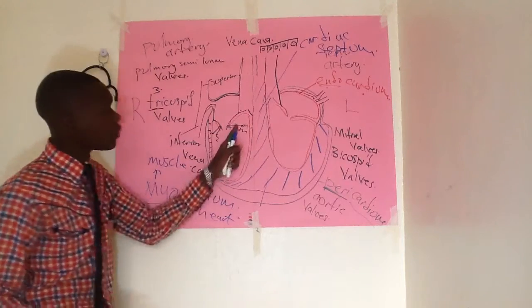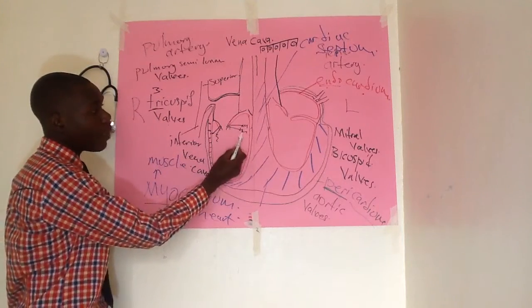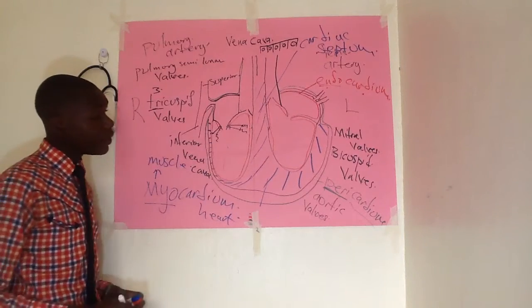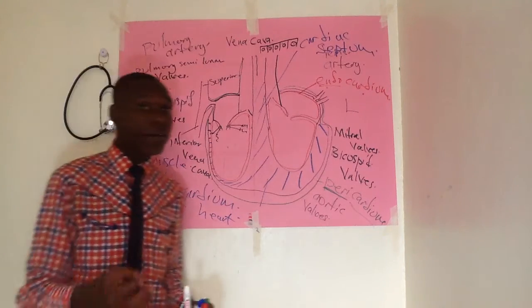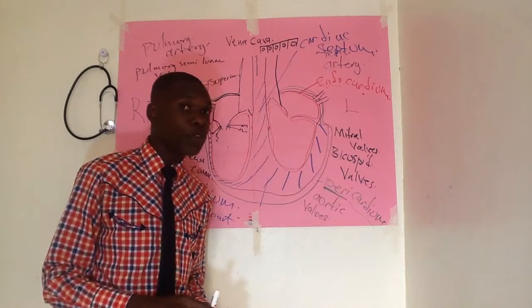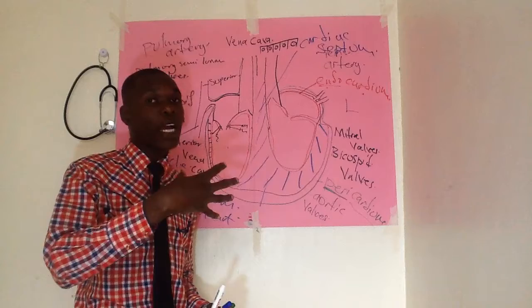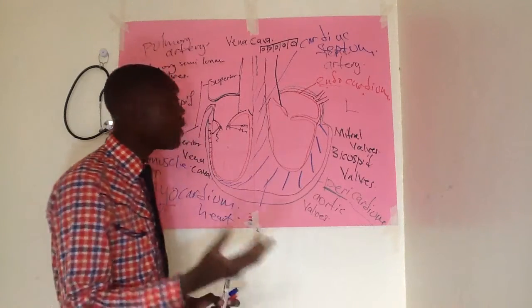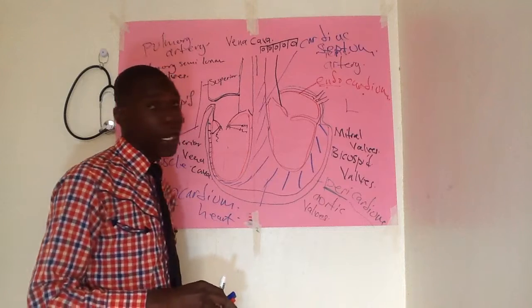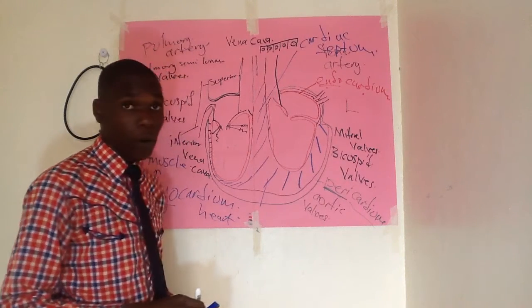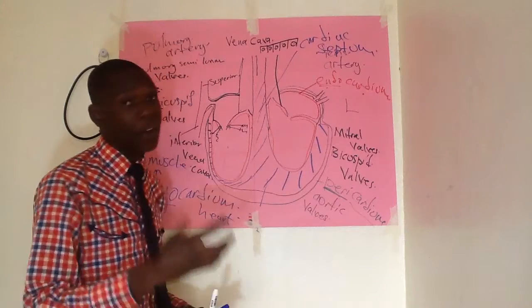So we have tendinous cords, and then the papillary muscles. And the main aim of this is to prevent backflow of blood. As the blood is moving through the heart, it's not meant to regurgitate. So to prevent backflow of blood, preventing regurgitation.